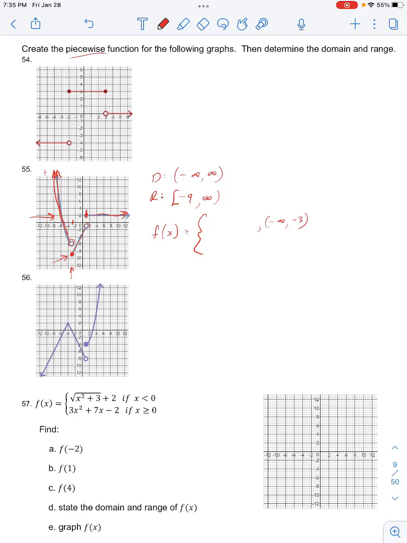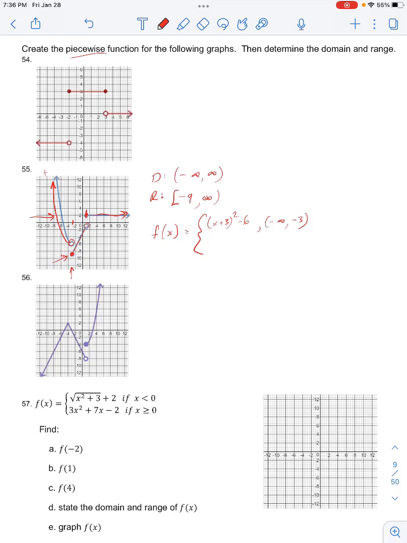And this would be a parabola with a vertex at negative 3, negative 6. So we can use vertex form to write that parabola. So we have x plus 3 squared minus 6 as our equation for the parabola. And most likely it is scaled. If it was more of a normal parabola, it would open up maybe closer to something like this.